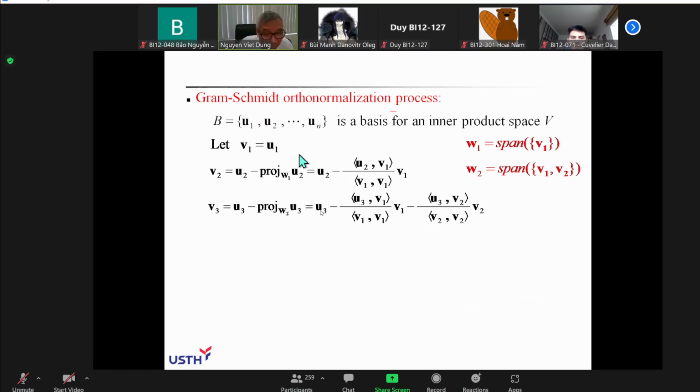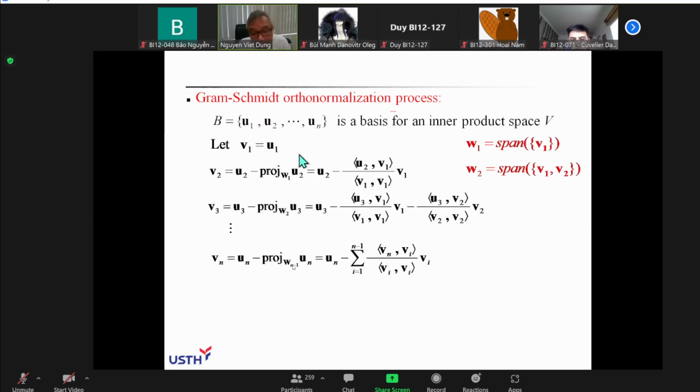And obviously, by the observation in the previous slide, in the red frame, that vector is always orthogonal to W2. It means that v3 is orthogonal to v1 and v2.